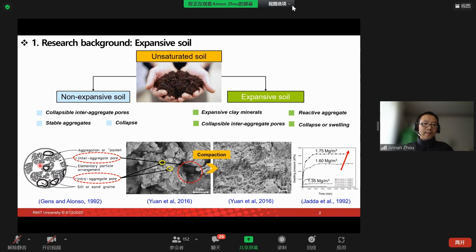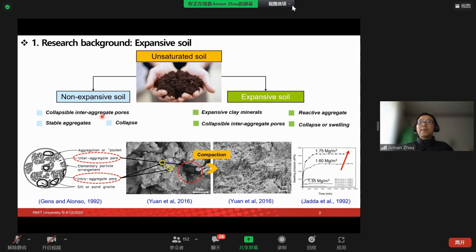non-expansive and expansive soil in terms of their deformation characteristics when absorbing water. Non-expansive soil usually consists of stable aggregates and classical interaggregate pores.